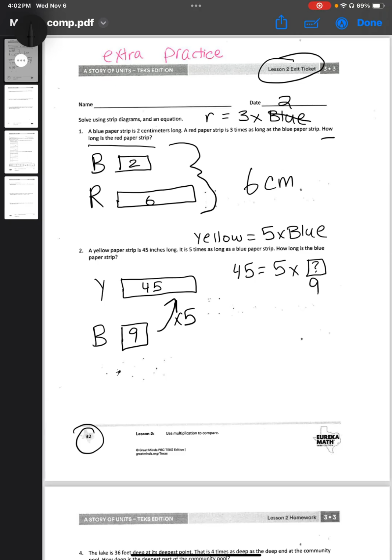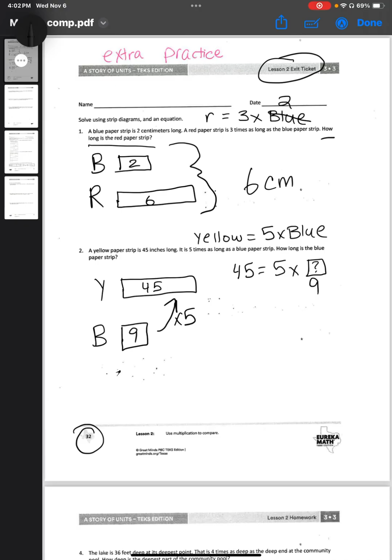Okay, that is it for this first page of extra practice. This is kind of a trickier concept. Some kids will start to get to a point where they can see the multiplication problem to find the answer without a model. I like for most kids to try to draw a model though, because it allows you to visualize the problem a little bit better and to try to start seeing what the answers are.